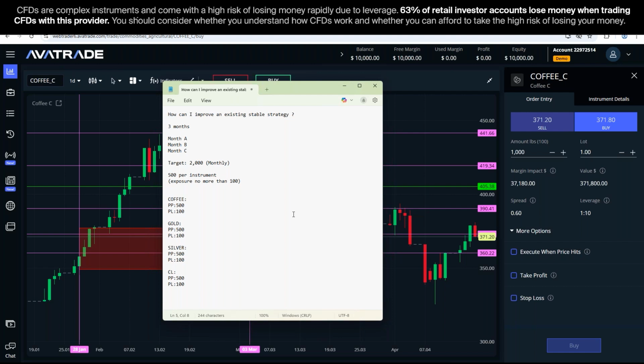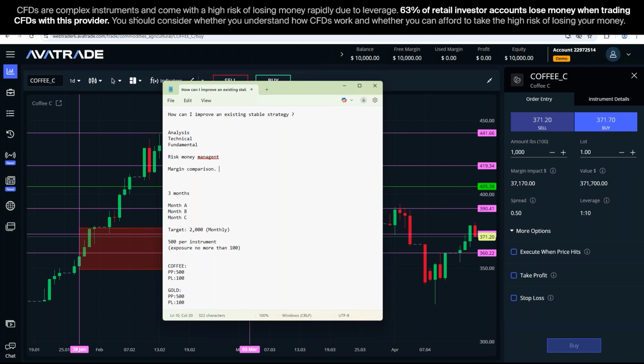If we're not getting to the goals, it's not a stable strategy. So what I would work on, as we said, we have analysis, technical and fundamental. We've got risk money management, and we've got margin comparison.